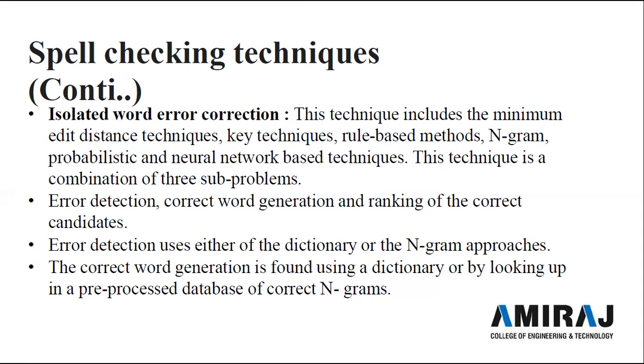So we can look into the dictionary, or we can look at the correct n-gram in the database that we have already processed, right? So detection can also use dictionary and n-gram approach, right? Once we have detected an error, we can correct it, and for that also we can look at the dictionary, or we can look into the database for the correct n-gram.